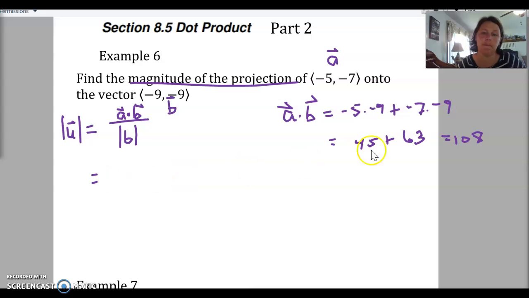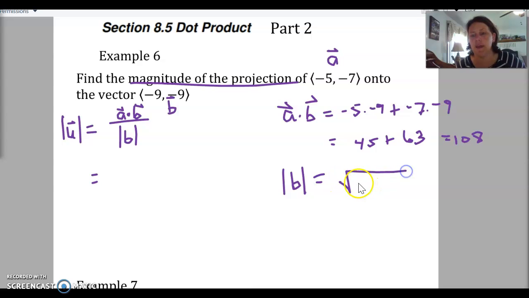And then we also need to know what the magnitude of B is. So the magnitude of vector B is the square root of negative 9 squared, which is 81, plus negative 9 squared, which is 81 again. So we get the square root of 162.